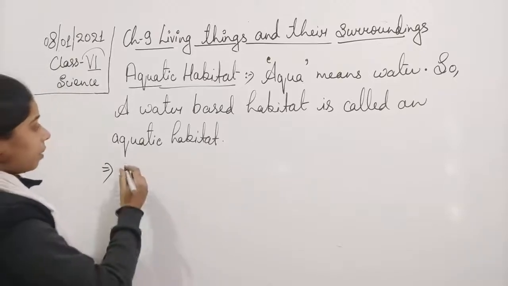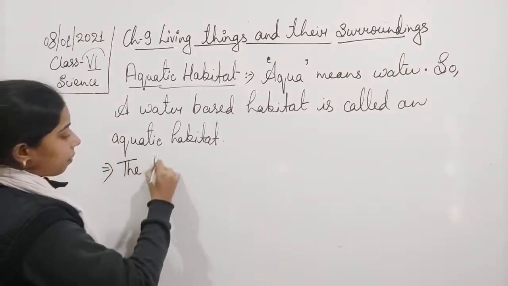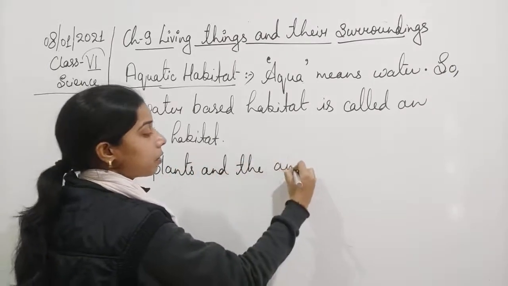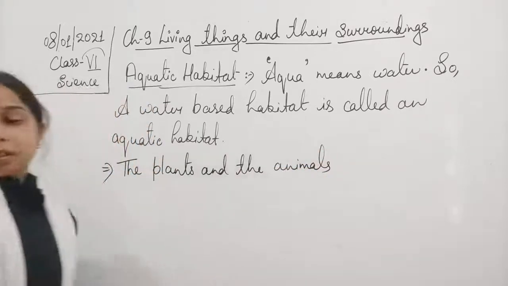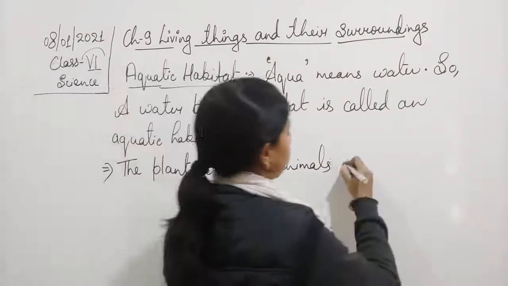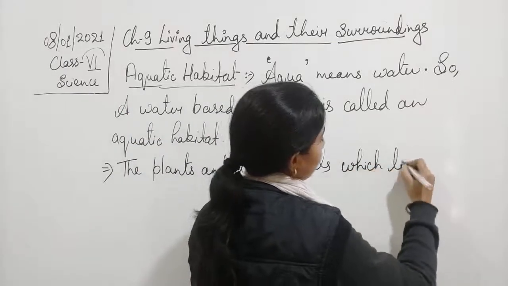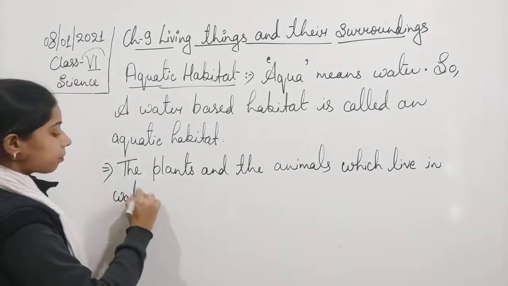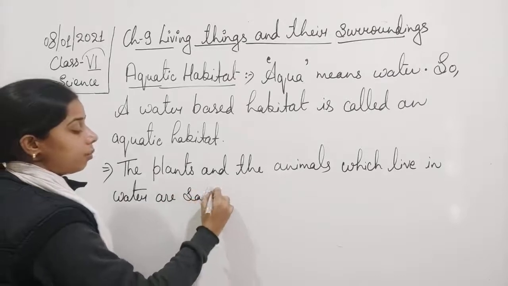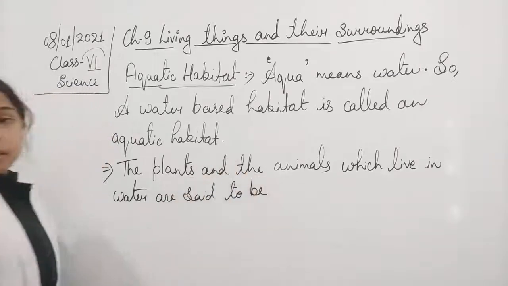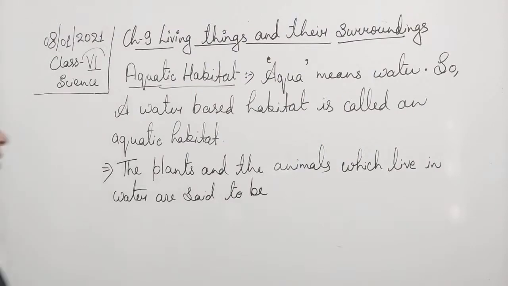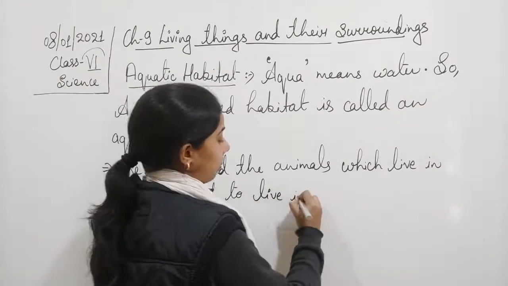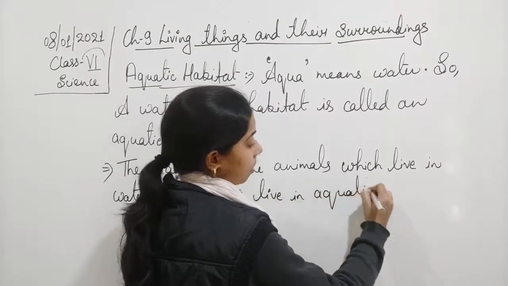So we can write it: the plants and the animals which live in water are said to live in an aquatic habitat.